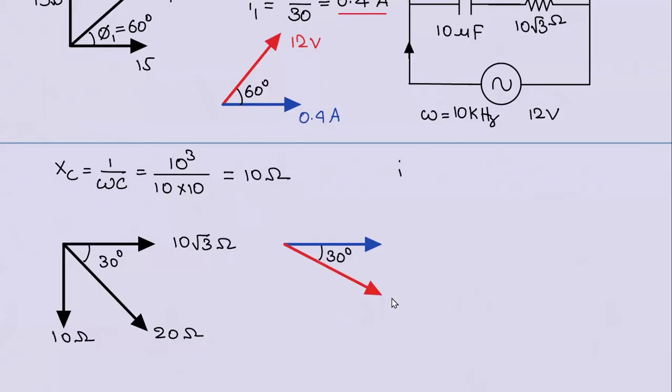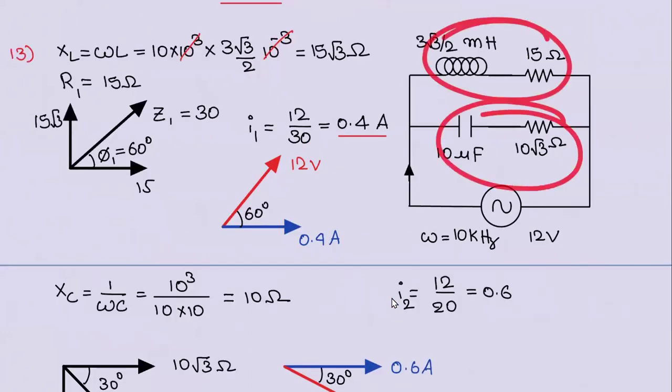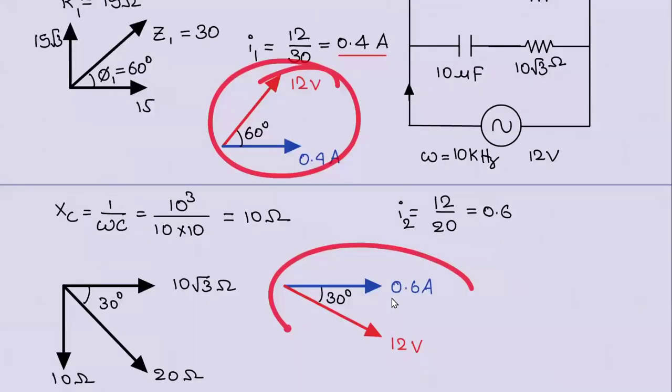So current I2 is equal to voltage 12 by resistance 20, that is 0.6 ampere. And voltage is 12 volt. Done. Now observe, in parallel combination, voltage will be in sync. The upper part and lower part have the same voltage.